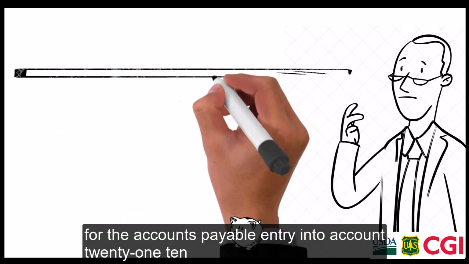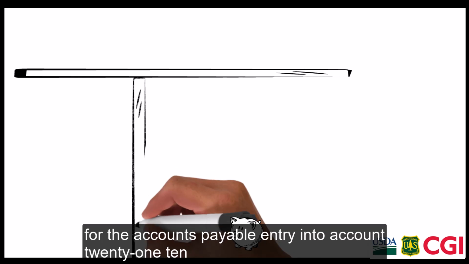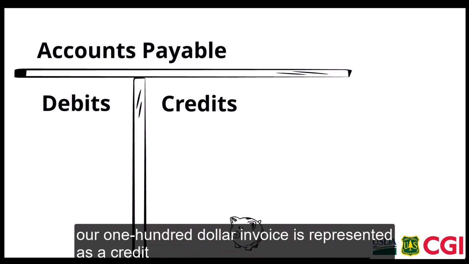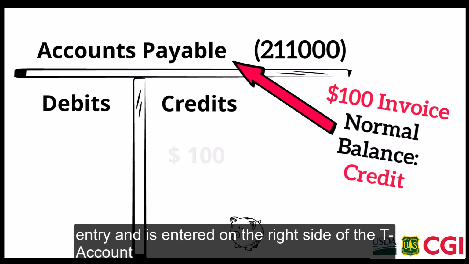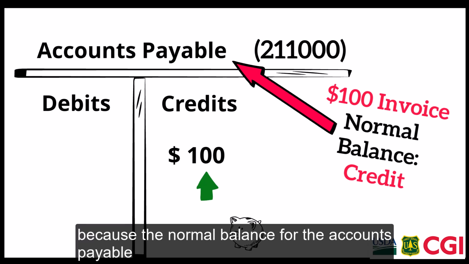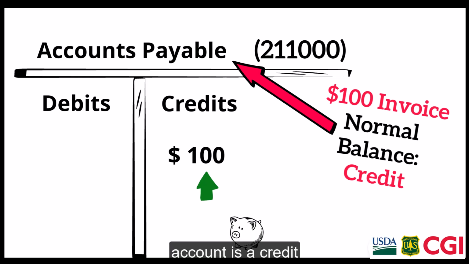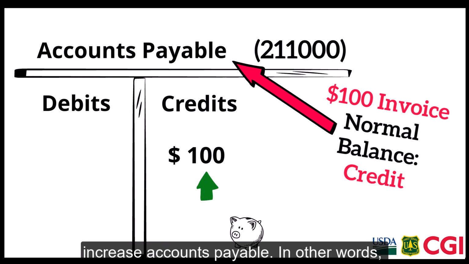Now, for the accounts payable entry into account 2110, our $100 invoice is represented as a credit entry and is entered on the right side of the T account. Because the normal balance for the accounts payable account is a credit, the $100 entry increases accounts payable.